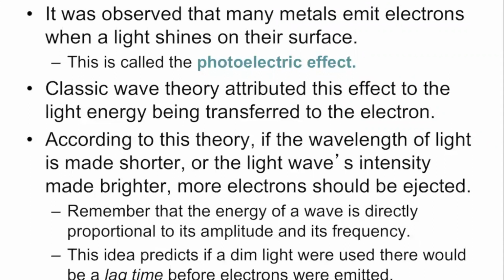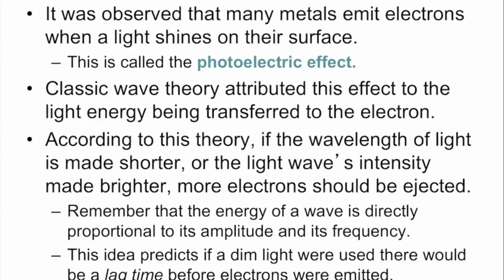What classical electromagnetic theory tried to explain for the reason these electrons were being ejected is that the energy from the light was being transferred to the electrons in the metal, which resulted in those emissions. So if I have a light with energy, I'm giving the energy to the metal, and since the electrons are in the metal, those electrons are going to eject.